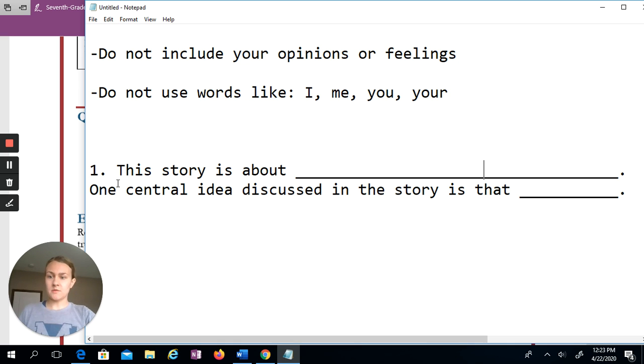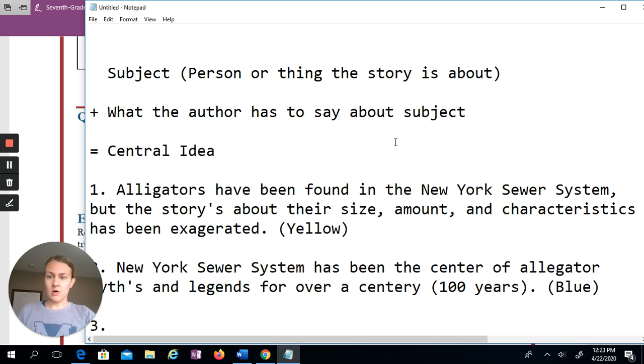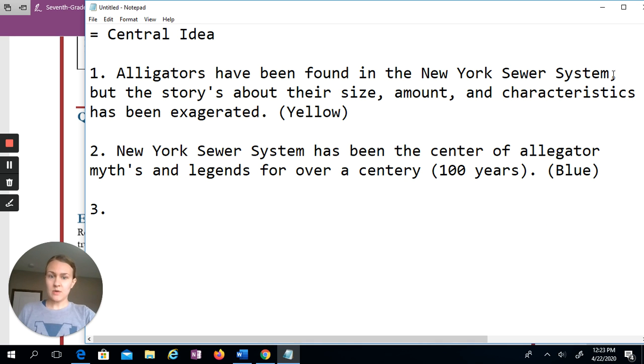Once you've done that, we're going to move to the next sentence, and we're going to write this one together. "One central idea discussed in the story is that," and now we can go all the way back to the top and look at our notes on central idea.